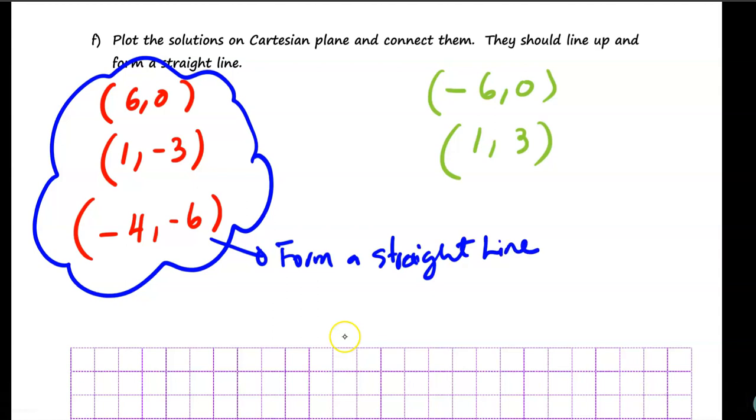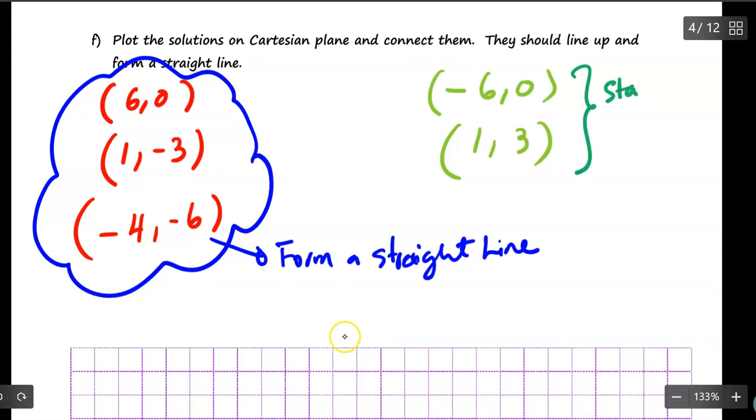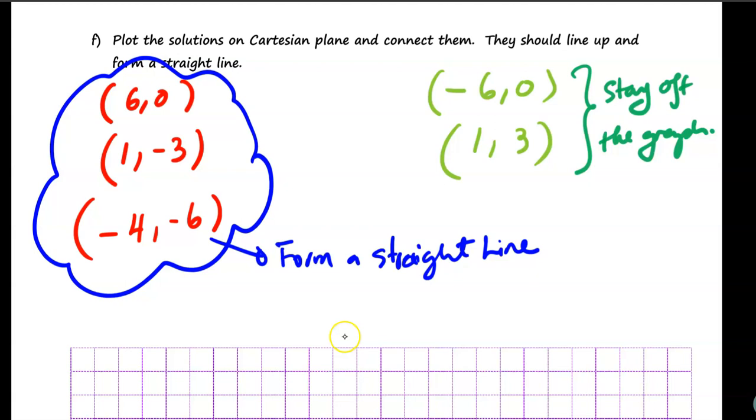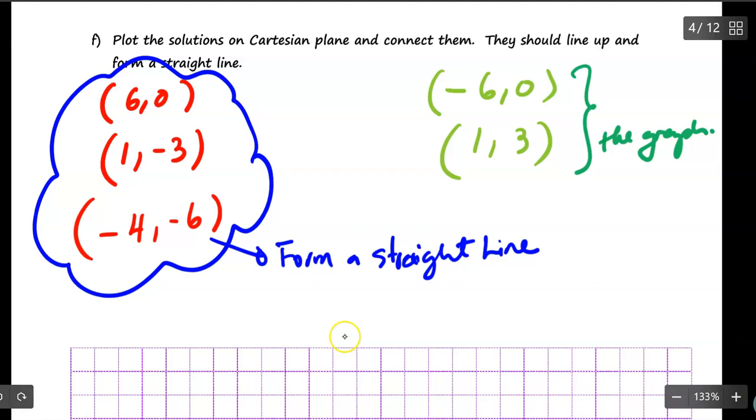And these two will stay off the graph. That means they don't stay on the graph. So I should reword that. So these points will not stay on the graph. Just to be clear.